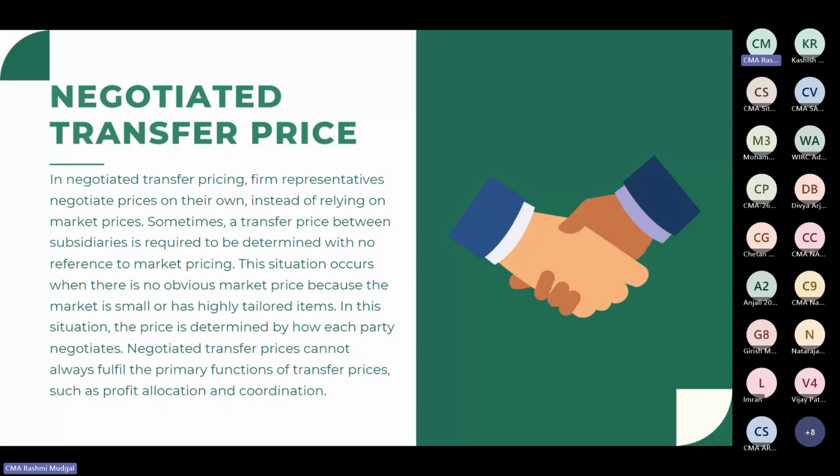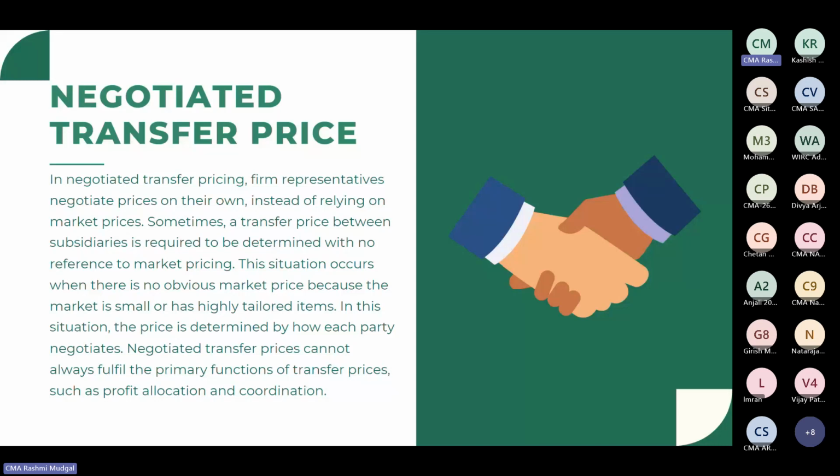Sometimes the transfer price between the subsidiaries is required to be determined with no reference to market pricing. The situation occurs when there is no obvious market price because the market is small or has a highly tailored item. For example, my product is available in the market, but it needs to be tailored for my use.